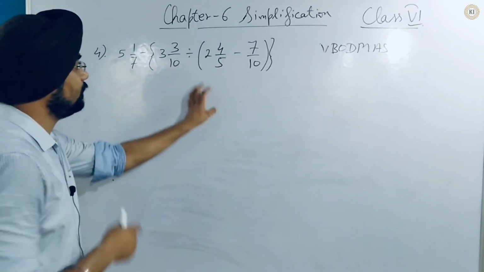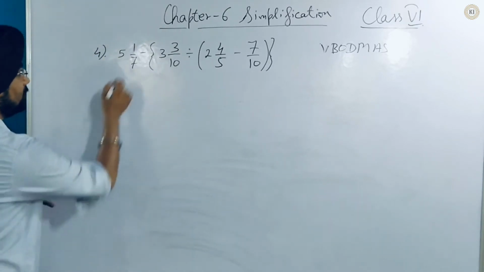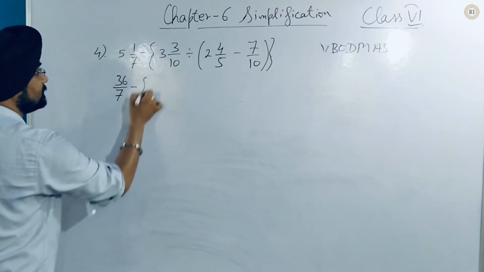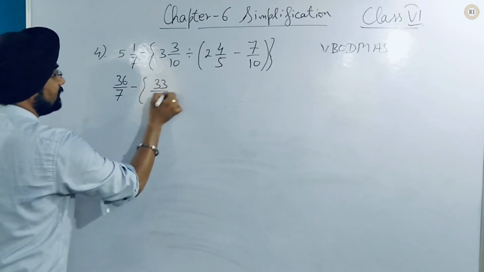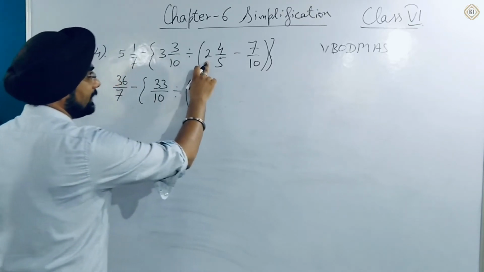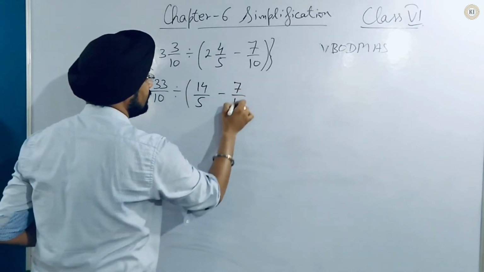First of all we are going to solve this bracket because this is the smaller bracket according to the order. So it will come 36 upon 7 minus 33 upon 10, divide 4, 5 2s are 10 plus 4, 14 by 5 minus 7 by 10.